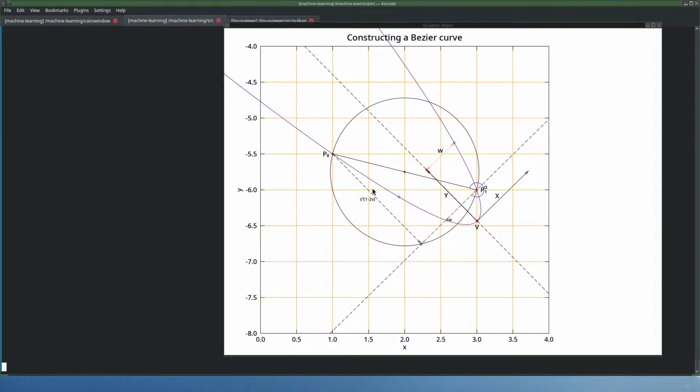But this is still equal to the distance between P0 and P1 times the sine of alpha. Lots of other stuff is still true, like 1 up, and then here's the width, W. If t equals 0, we are in P0, and if t equals 1, we are in P1, and if S equals 0, then P0 is in V. So in this case, V is closer to P1, which means that it's larger than a half.